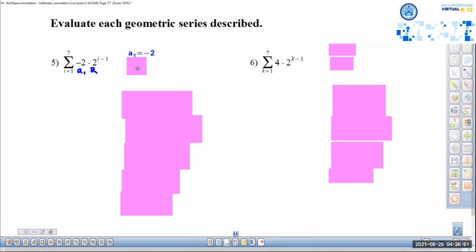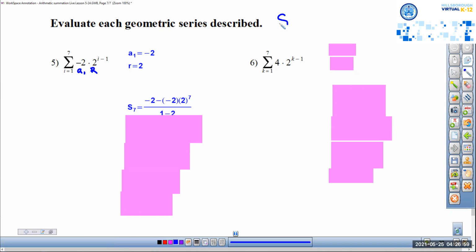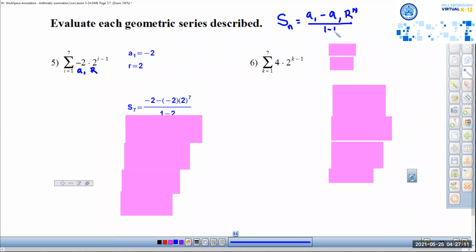So a sub 1 is -2. And the ratio is 2, and then plug into the formula S sub n equals a sub 1 minus a sub 1 times r to the n, all over 1 minus r.